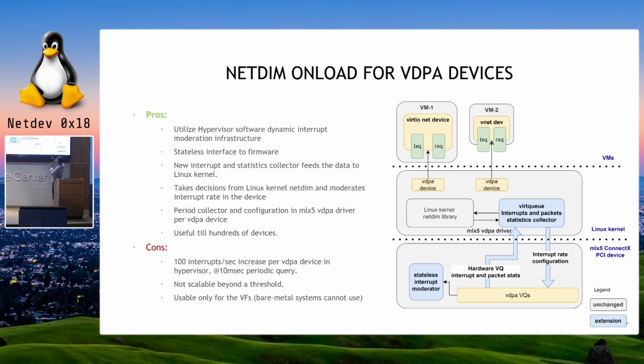So this way we use the Netdev library in the hypervisor to moderate the interrupts of the VM. So there are two paths. One is the interrupt configuration part, and one is the statistics gathering part. So the stateless hardware feeds in this data, and it receives the command from the MLX5 VDPA driver to moderate the interrupt.